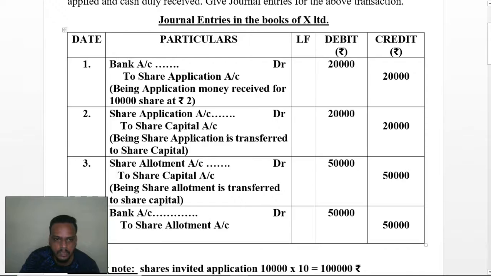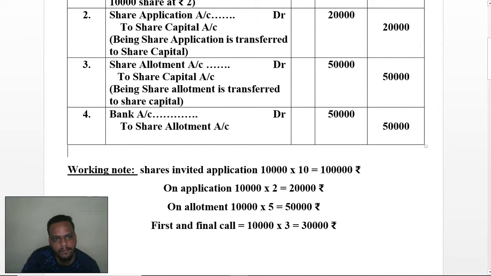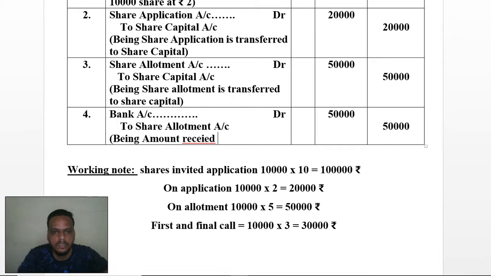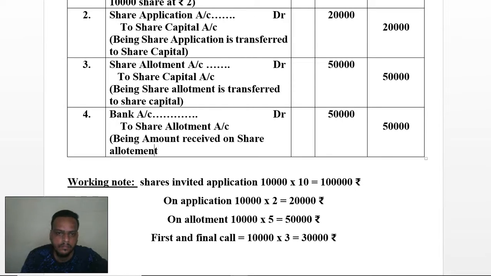So carrying forward that being: being amount received on share allotment at 5 rupees on 10,000 shares.